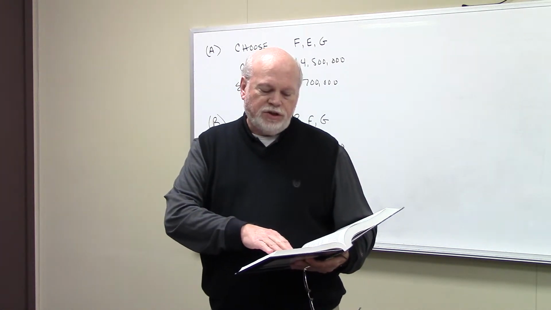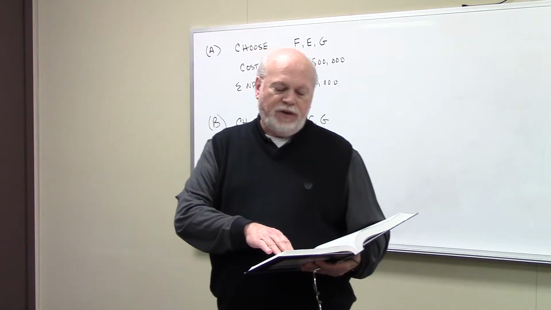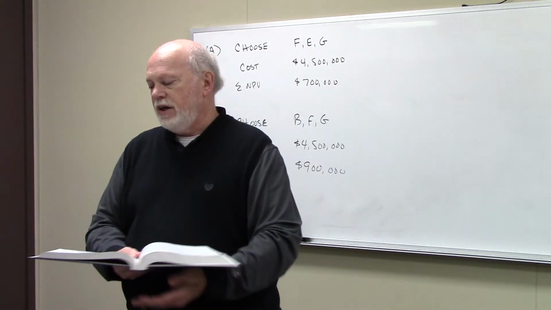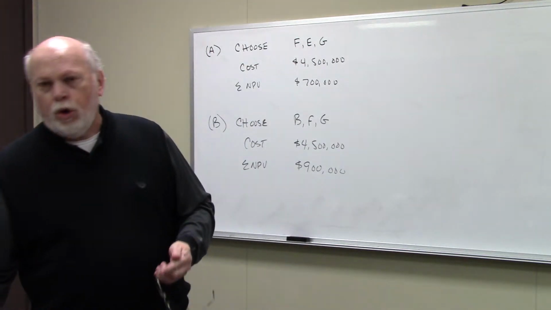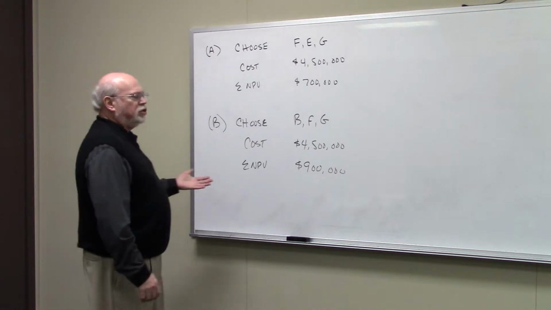The A part says use internal rate of return to select the best group of projects. B, use net present value to select the best group of projects. What you see on the board here is the solution to this.